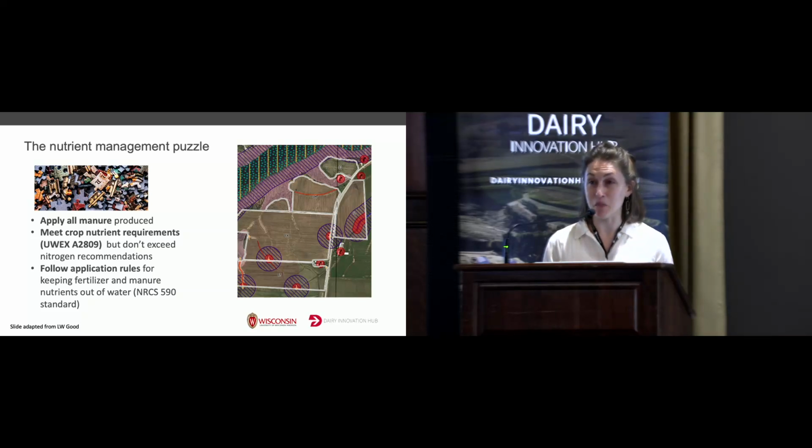And finally, an important and somewhat complex piece is helping users with nutrient management plans follow the various and interconnected application rules to make sure that we're keeping fertilizer and manure in the field with the crops and not losing them to local water sources. And that all ties back to the NRCS 590 nutrient management standard. So SnapPlus as a software tool is helping do all of these different things.